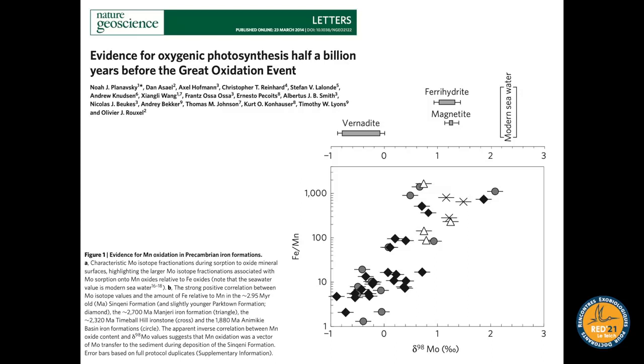What you can see here on this graphic is the data from different iron formations of different ages, some deposited after the GOE, and some deposited before, going back to 2.96 Ga, the so-called Sinqeni iron formation in the Pongola supergroup. And what you're seeing on this graph is, on the y-axis, the ratio of iron to manganese on one side, and on the other axis we have the stable isotope composition of molybdenum.